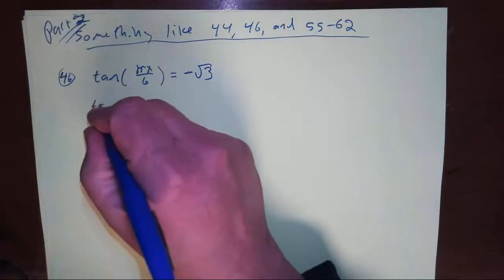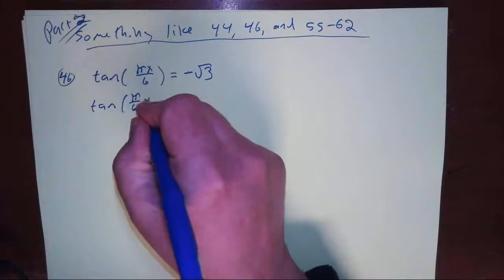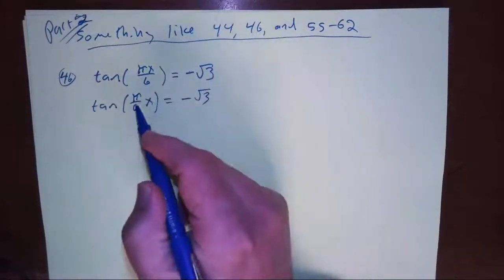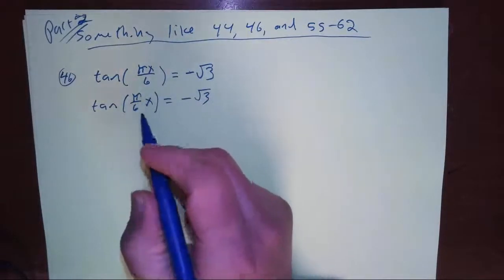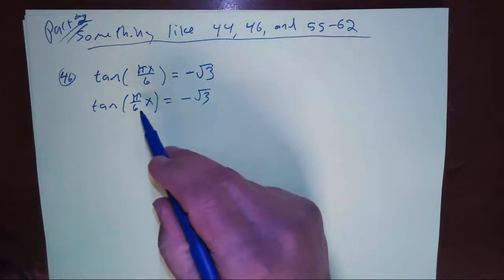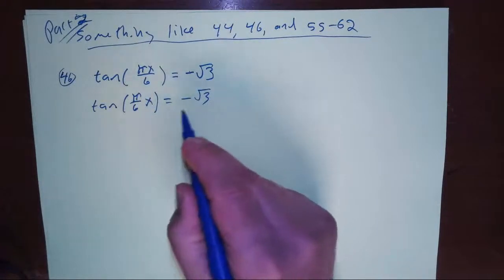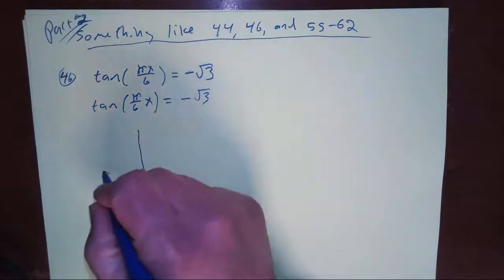So let me just start off by writing it like this: pi over 6 times x is equal to negative square root of 3, which you can do here because you just put x over 1, multiply numerator, multiply denominator. This is a multiple angle, so we're going to solve the tangent. We're going to find the angle that gives you negative square root of 3. We'll start that way.